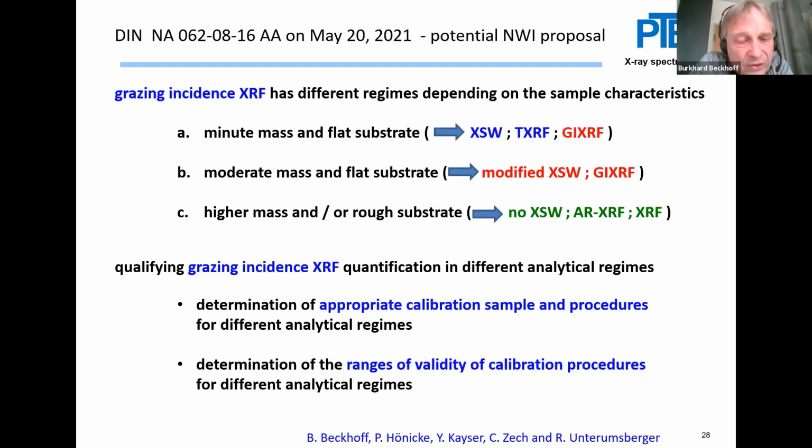And one has to determine the ranges of validity of these calibration procedures between these regimes A, B, and C. And I expect this to be work over the next 2 or 3 years, and we certainly will try to propose this kind of work from German side and include this in international round-robin activities.